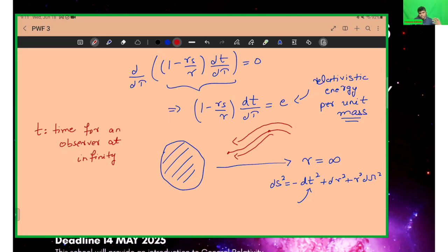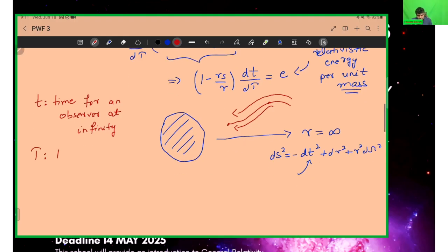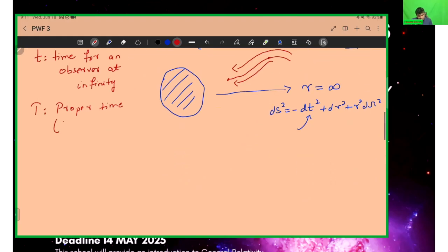So tau, the proper time, is the time that any arbitrary observer records.